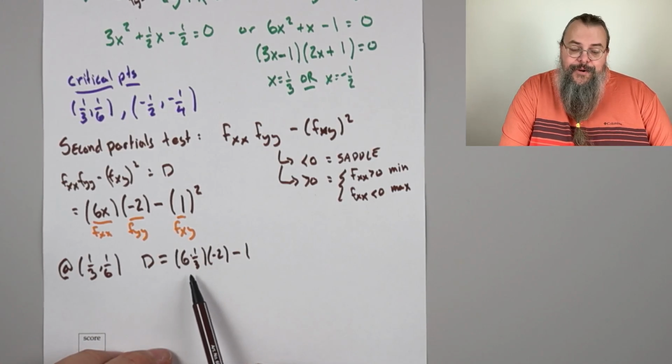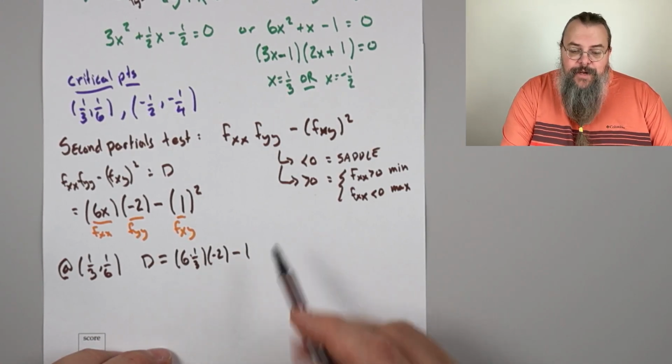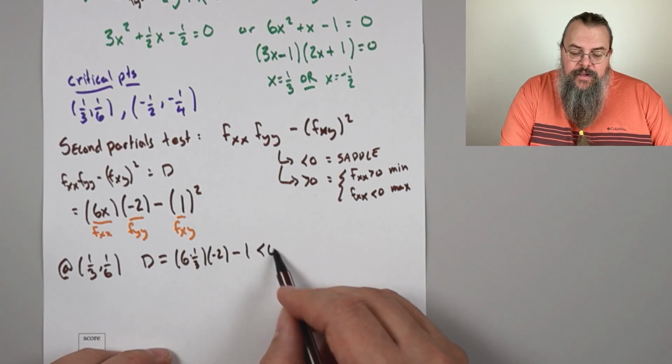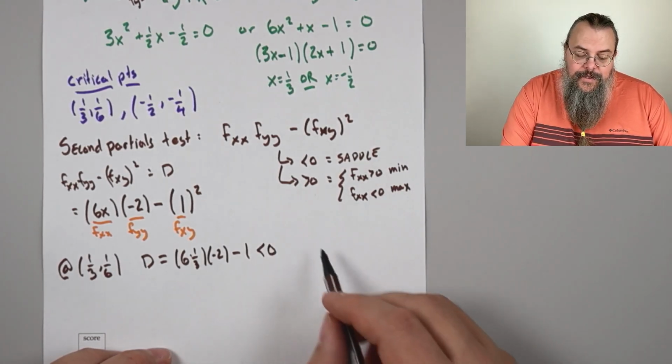Well, 6 times 1/3 is 2, times -2 makes -4, subtract 1 makes -5. This is negative. Saddle. All right, good.